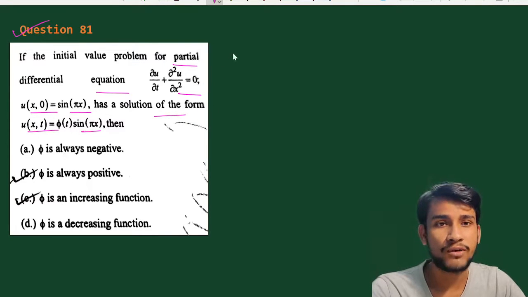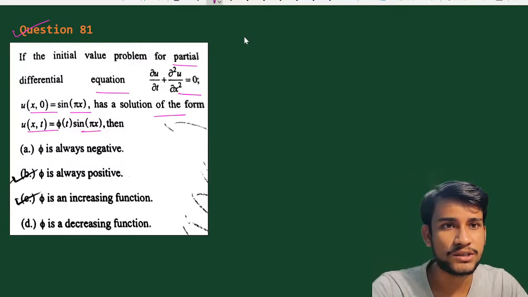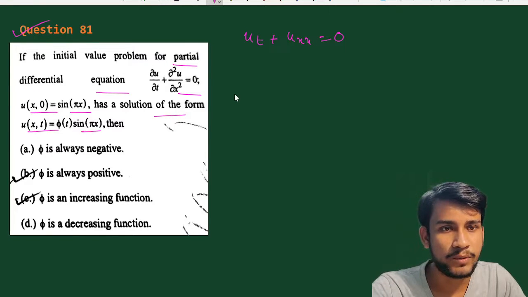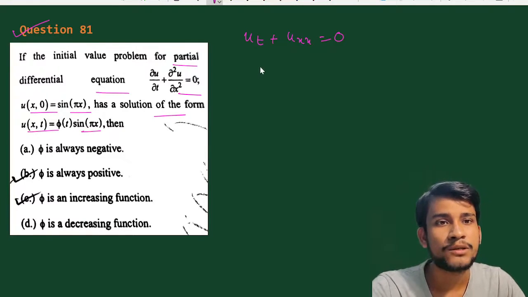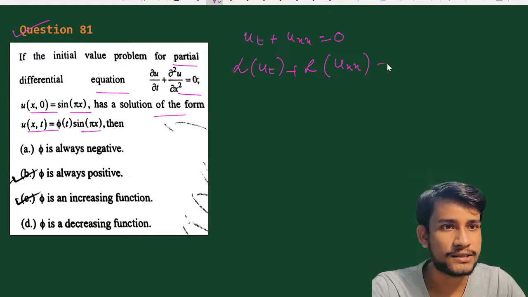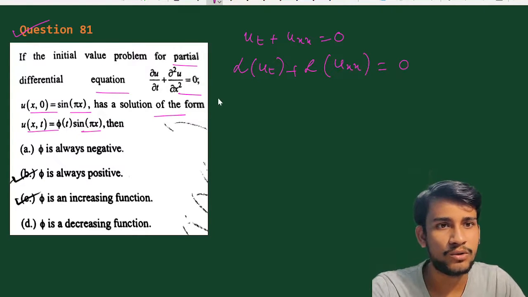Now we apply the Laplace transform to the given equation u_t plus u_xx equal to 0. If we take Laplace to both sides, Laplace of u_t plus Laplace of u_xx equal to Laplace of 0, which is 0.